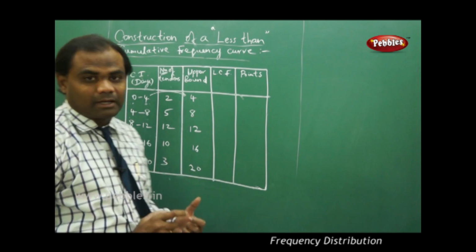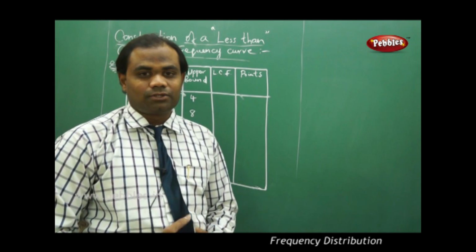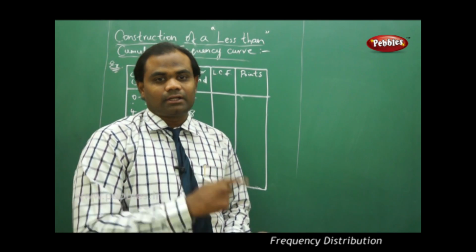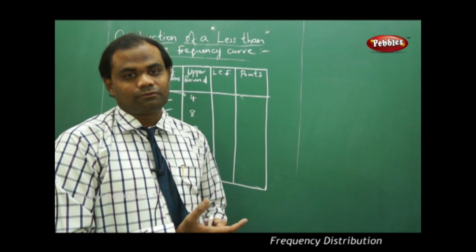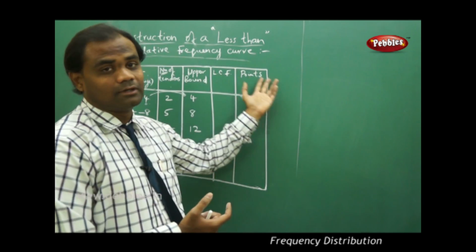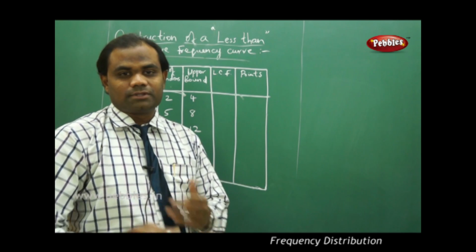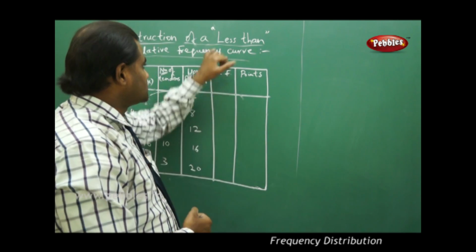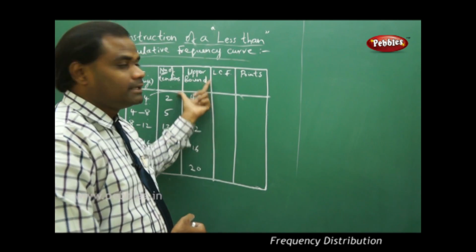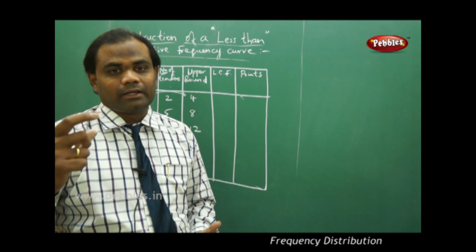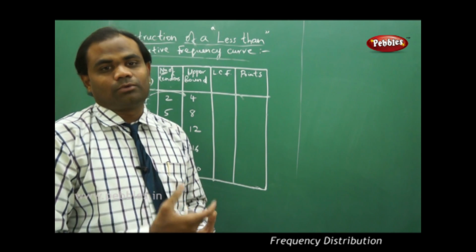So keep one thing in mind: when I construct a less than cumulative frequency curve, I need an upper bound. For constructing a greater than cumulative frequency curve, I need a lower bound, which we're going to see in the next session. So for a less than cumulative frequency curve, I need an upper bound is what I recollect or remind myself when I do the problems.